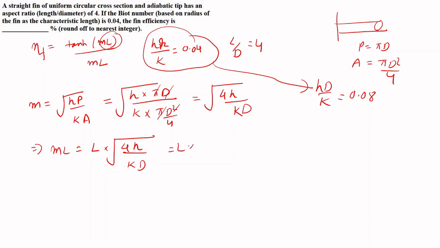So I will multiply and divide this under term with diameter. So now I am having hD upon k, and this d square I will take out of the square root bracket, under root of 4 into hD upon k.